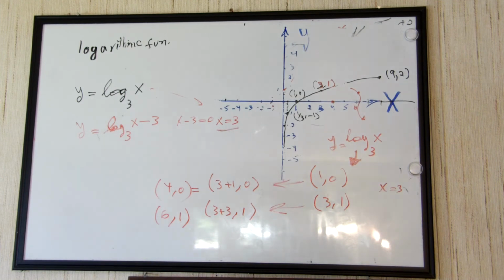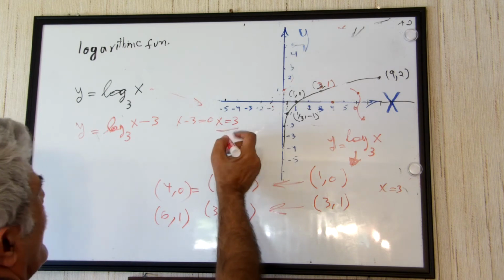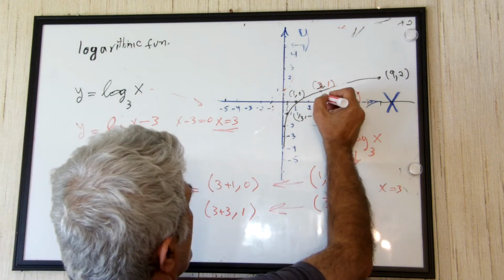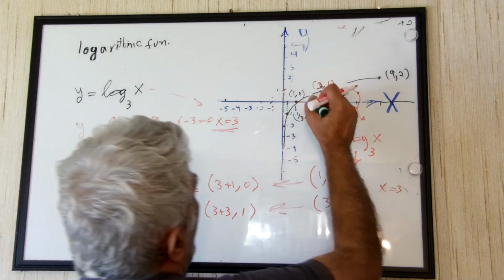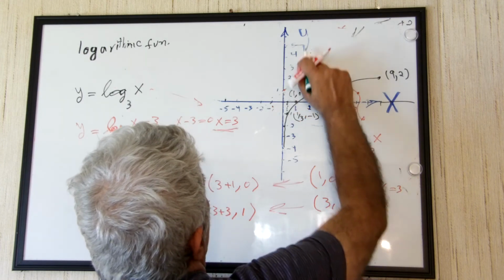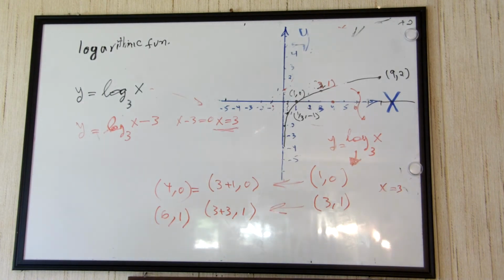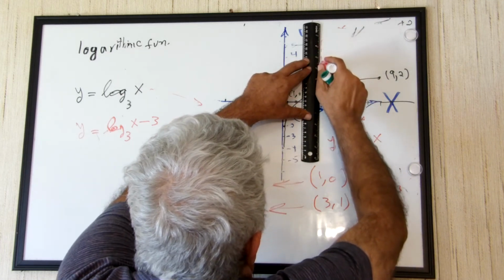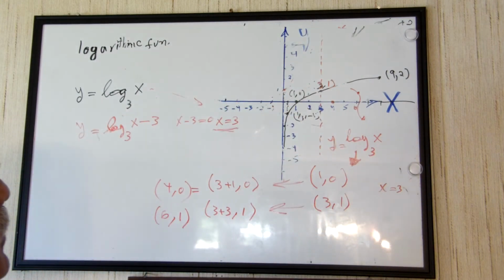So what you do is set this to 0, and x is going to be the vertical asymptote. No, 3, I'm sorry. x is equal to 3. Okay, this is the vertical asymptote.